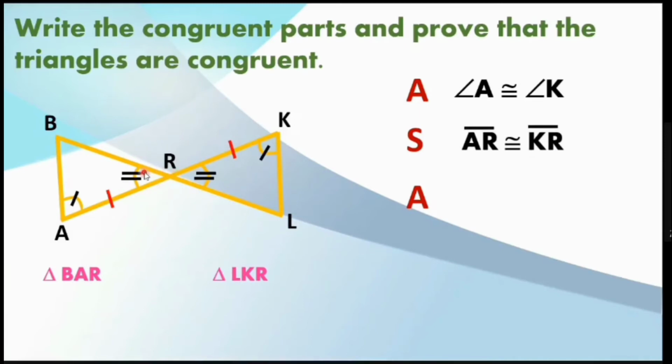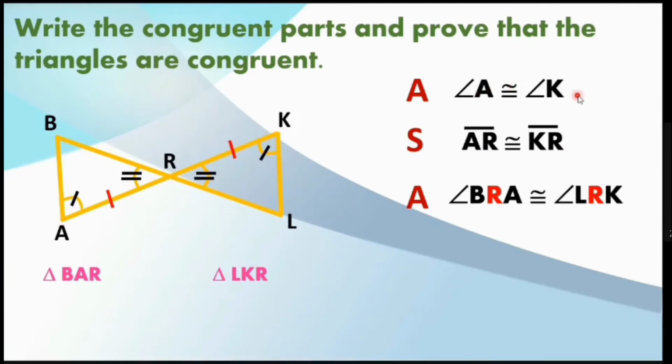And finally, we have this angle here, the vertical angles. The name of this angle here is angle BRA, and this angle here is angle LRK. So angle BRA is congruent to angle LRK.